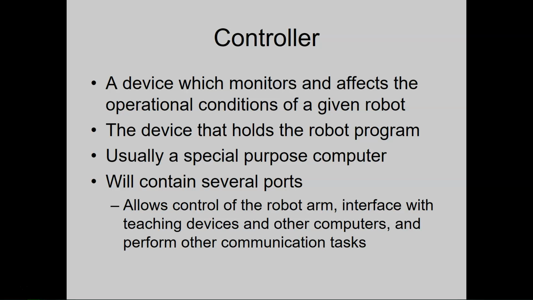So this thing actually can talk to other parts of itself, or it can talk to a lot of other things, thus allowing the robot to basically run correctly and do the task as it's being asked to do.